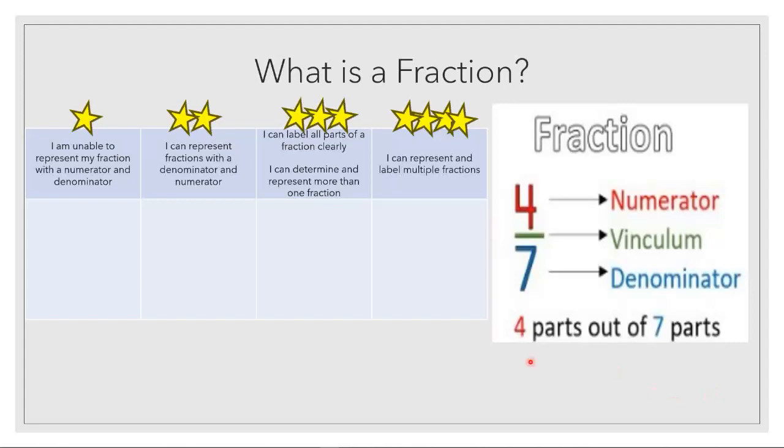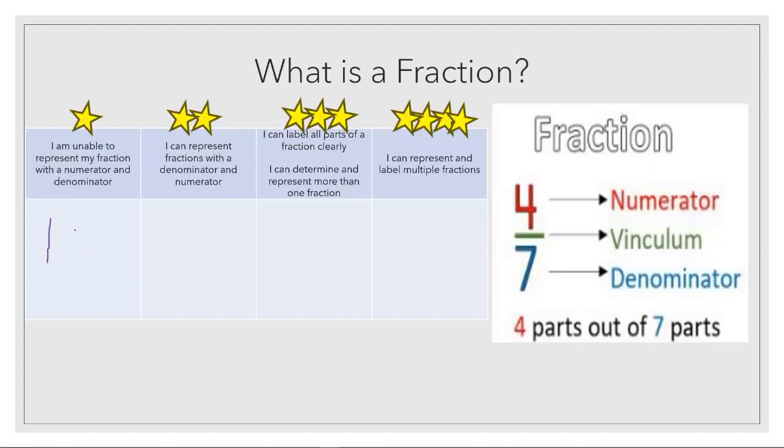Well, in order for you to get the 1 star work, what would that look like? Let's say we picked the fraction 1/4. Yeah, 1/4. Then this particular one, I am unable to represent my fraction with a numerator and a denominator.